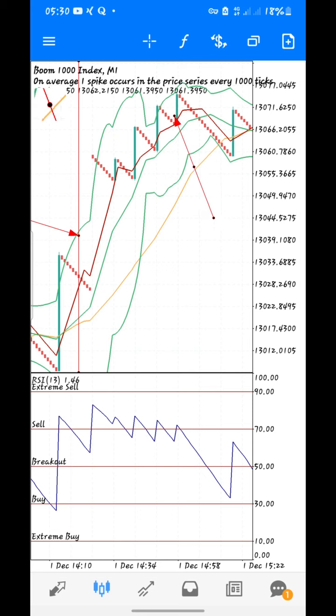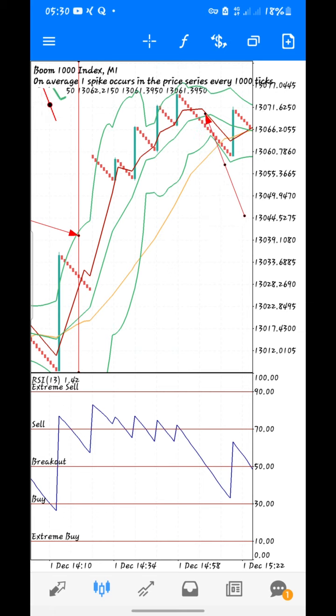To know your exit point, you look for when the market is crossing the red moving average and also crossing the middle Bollinger band without any spike. Then you know this is your exit point.